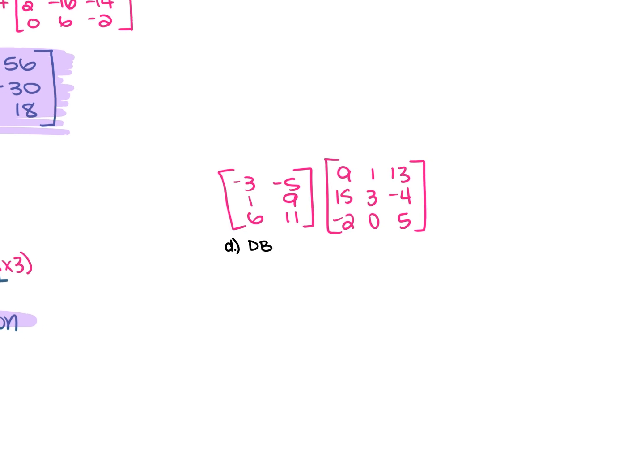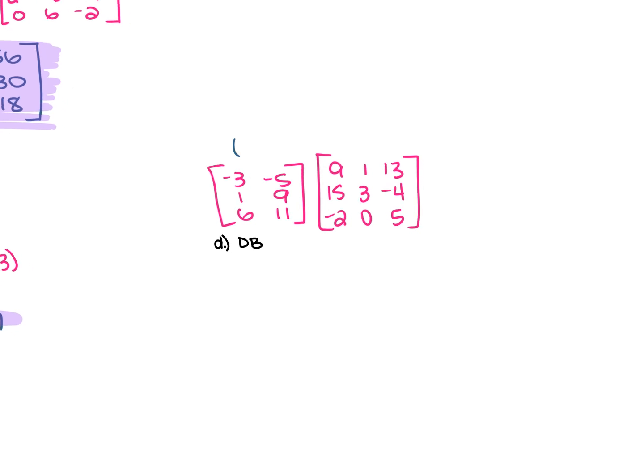So this is giving you a 3 by 2 times a 3 by 3. Your two middle dimensions on this one are not the same either, so you cannot multiply this. So you have no solution for this one as well.